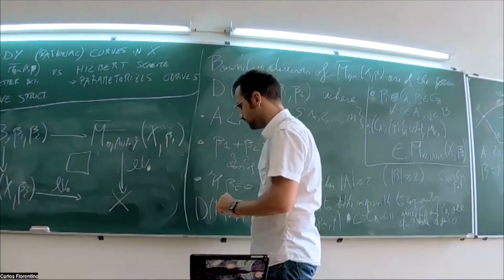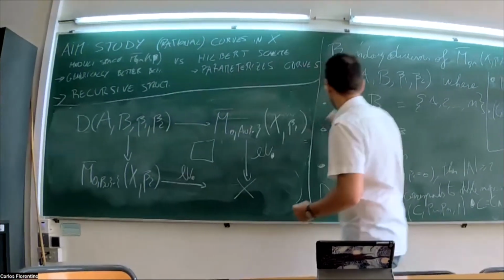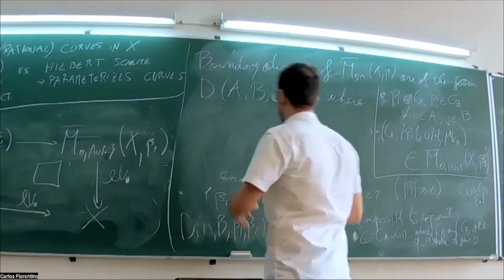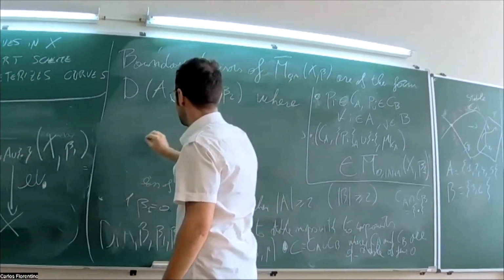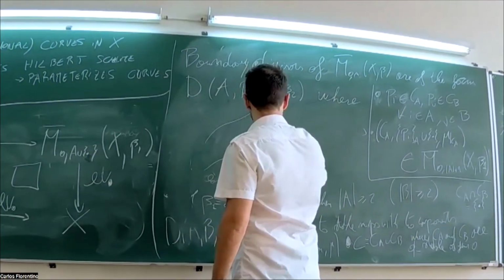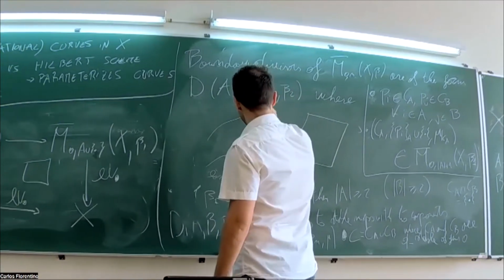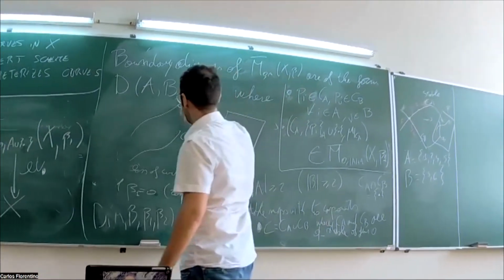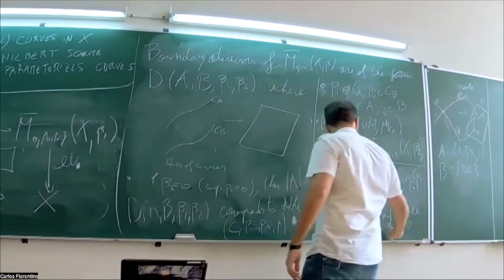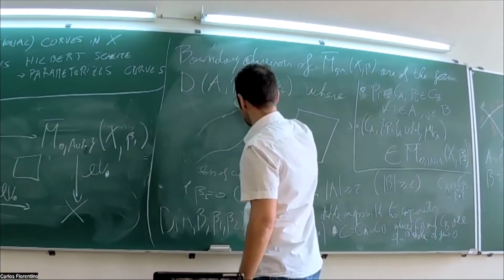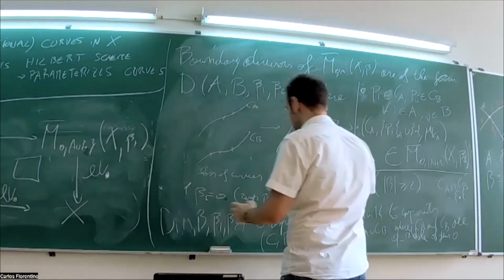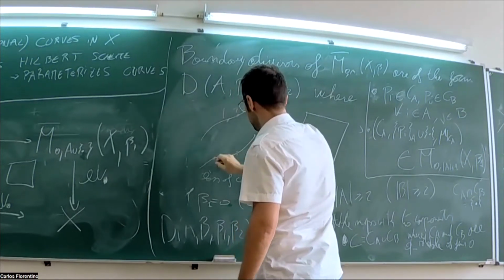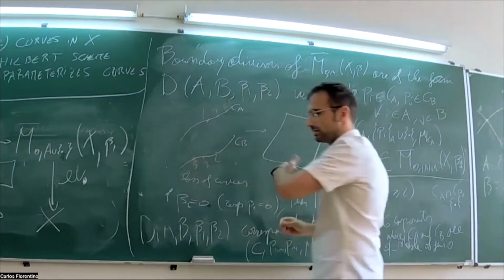So what this suggests to us is that I can consider, when I fix A, B, beta 1, beta 2, several maps, one is CA, one is CB, both of genus 0, with maps that belong to different sets, such that the union is the set from 1 to n.